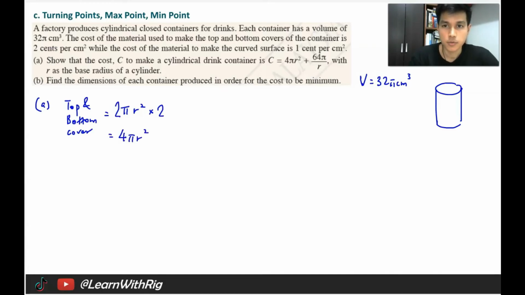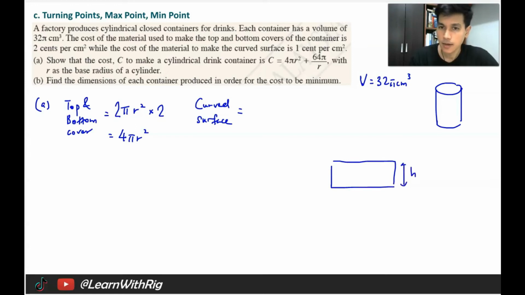Okay, next you want to find the curved surface. So curved surface is what? How do you find the area? If you open this curved surface up, it should be a rectangle, correct? Let's say this is the height, and then here would be 2 pi r.